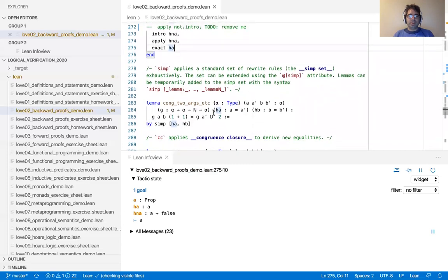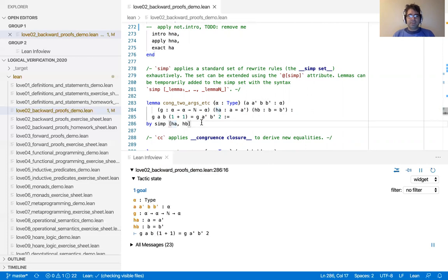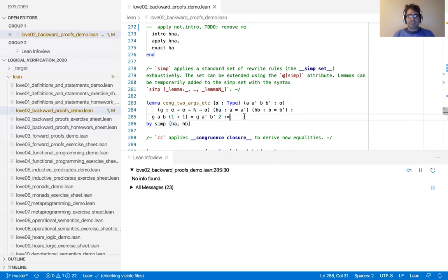So we've learned rw, which stands for rewrite. There's another rewriting tactic, which is called simp, which is used, I think, even more often. Both are very useful, but simp is probably the most useful one. What simp does is exhaustively rewrite with a set of lemmas. So it's not just one lemma at the first spot where it matches.